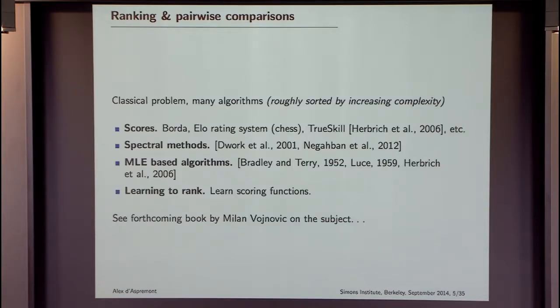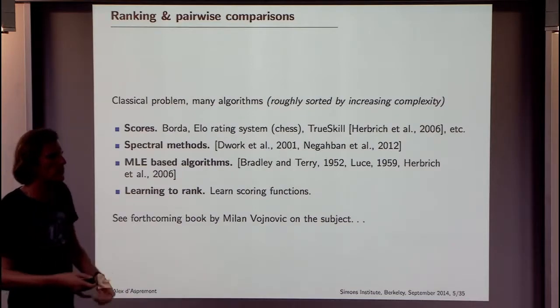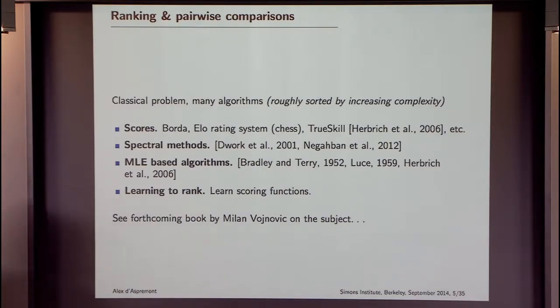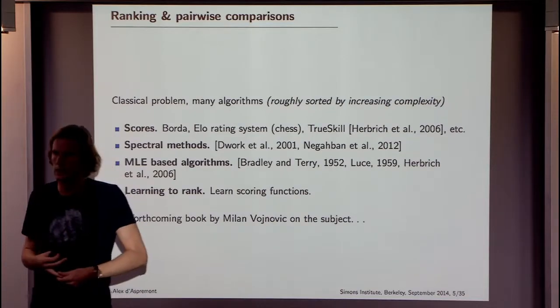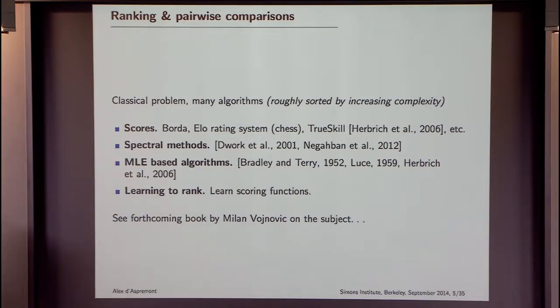It's an extremely old problem, and over the years a number of algorithms have been developed. I'm just going to quickly start by surveying the main categories of results on rank aggregation. There's the cheapest thing you can think of, if I give you 2 minutes to come up with an algorithm: scoring.